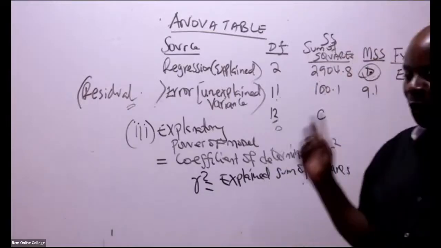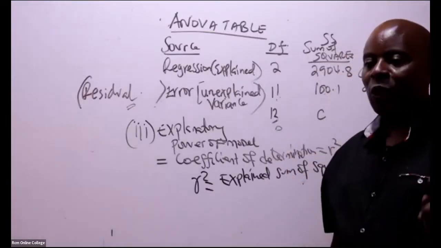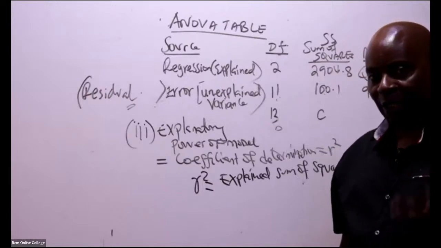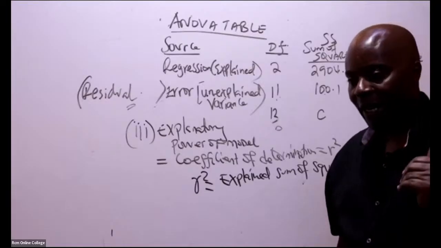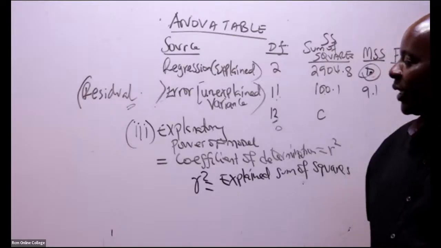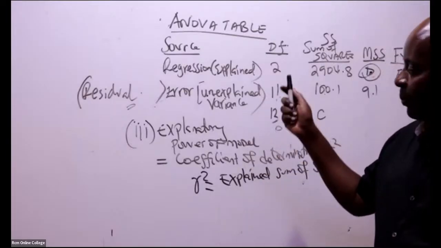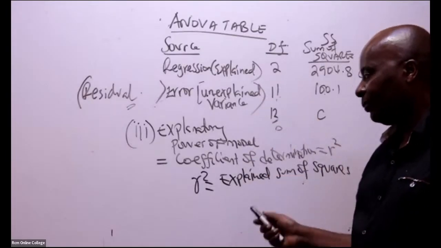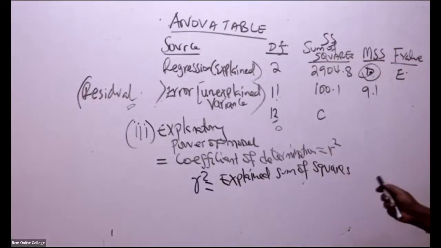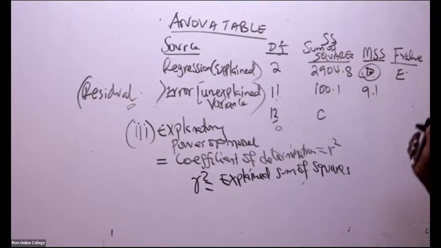So Roman 2 is already done. In Roman 2, they wanted us to give them the regression model or regression equation that we did a long time ago. Then now we have Roman 3. In Roman 3, they want us to give them the explanatory power of the model, which is also known as the coefficient of determination, which is R squared.